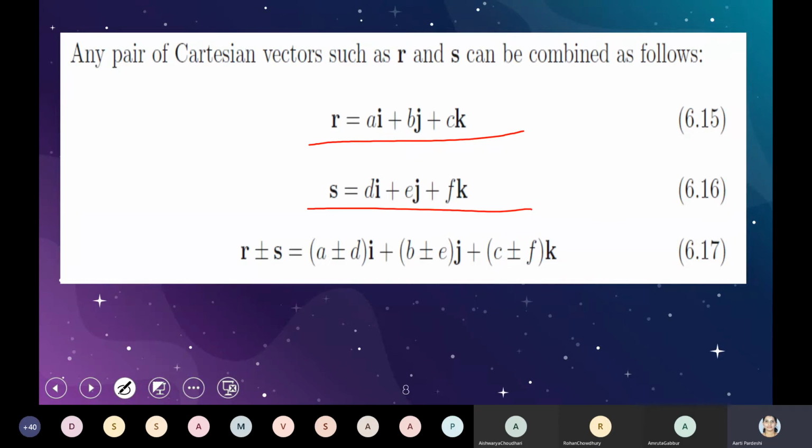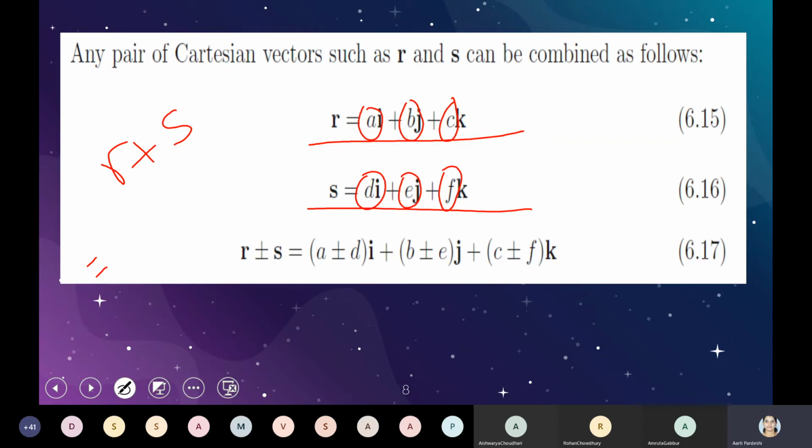Second Cartesian vector, S: Di plus Ej plus Fk. If someone asks you to calculate R plus S, means add these two vectors, you are simply going to add the magnitude part of it. Keep the vector part as it is and perform the manipulation only on the magnitude.